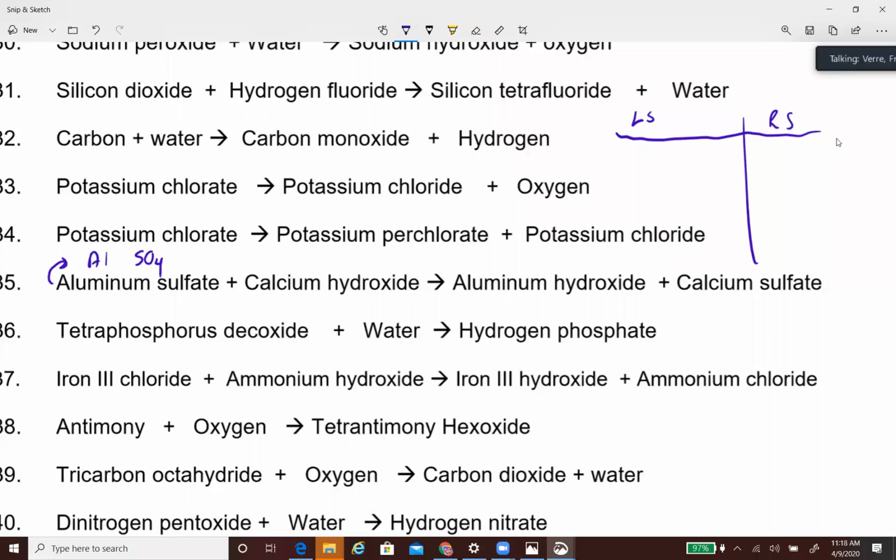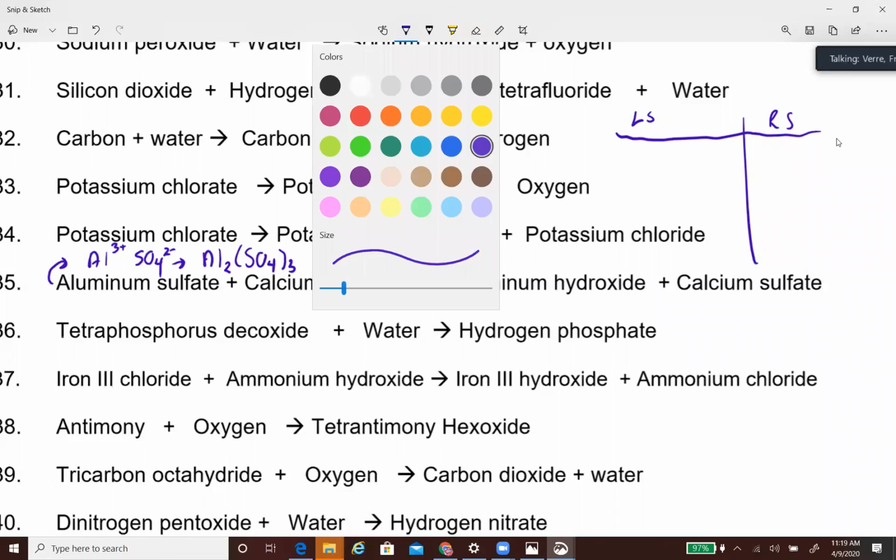I know aluminum is +3, and sulfate is -2. So that's going to give me a formula of Al2(SO4)3. Okay.